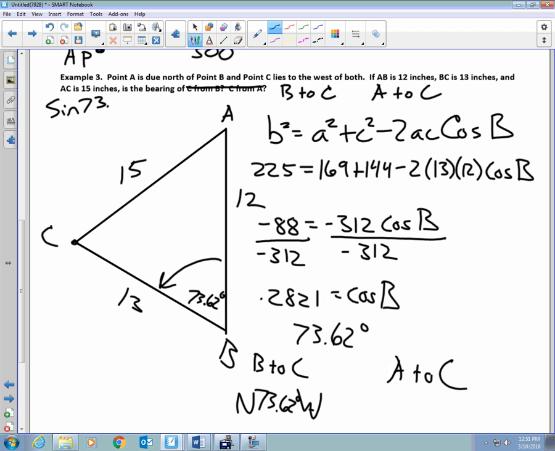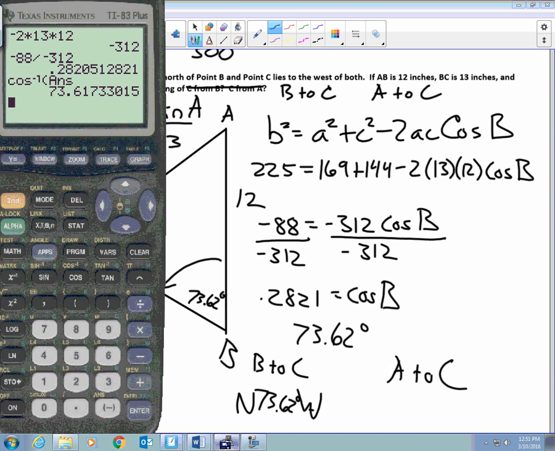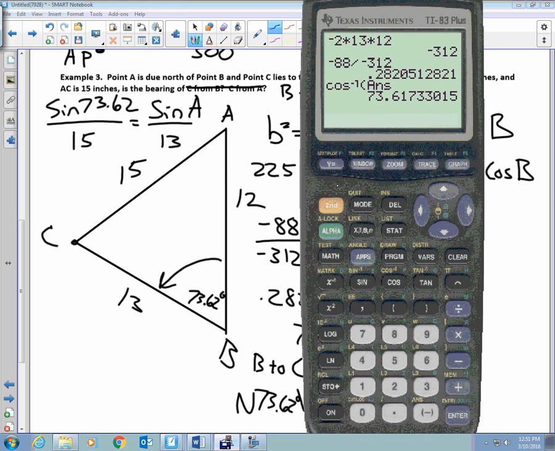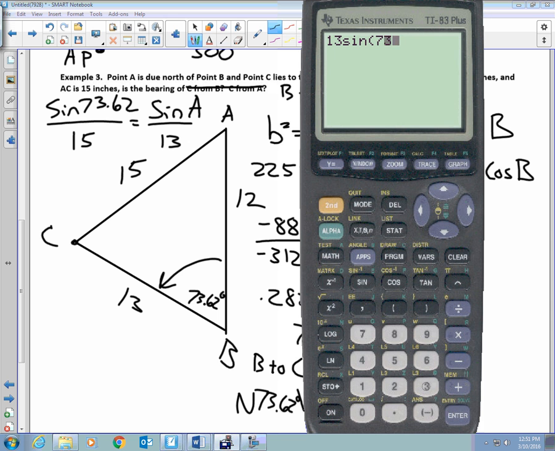Sine of 73.62 over 13 equals the sine of A over 12. Inverse the answer, 56.25.